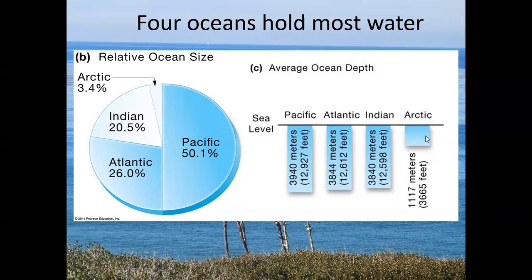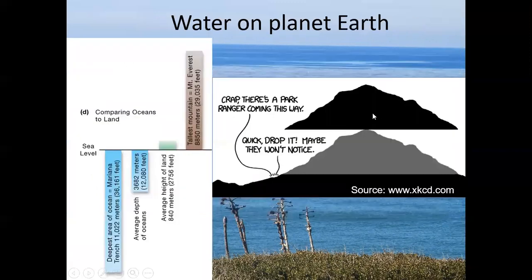By contrast, the Arctic, even though it does have some very deep sea floor, tends to be, on average, quite a bit shallower. Some of that's because it's a much smaller ocean. Some of that's also because the continental shelves extend underwater for a much greater distance in the Arctic Ocean, especially around Russia and Alaska and Canada. Overall, the major basins hold the most water.